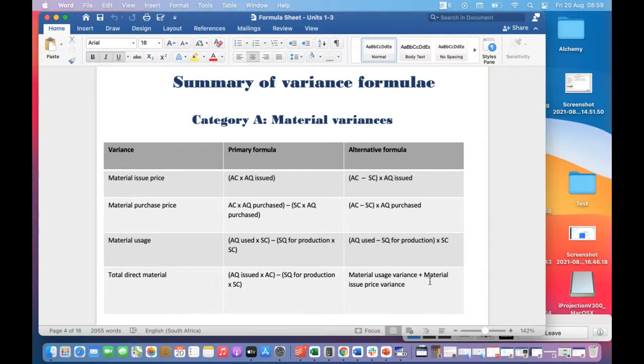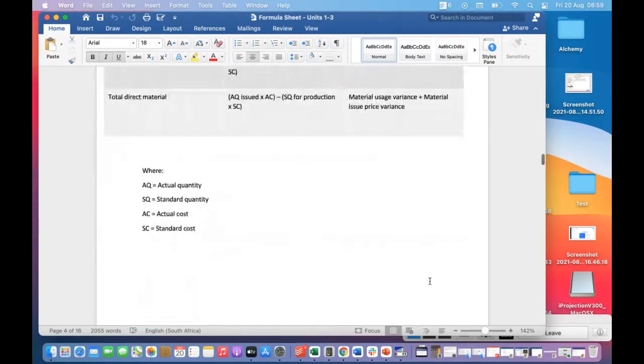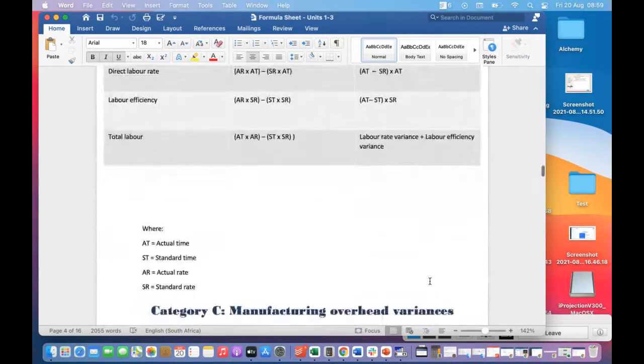Are we expected to state the motivation once we get the answer? Sometimes they'll ask you to state whether it was favorable or unfavorable. So my recommendation is that you start with budgeted minus the actual. This is how your textbook does it, but I recommend budgeted minus the actual. I'll explain now.